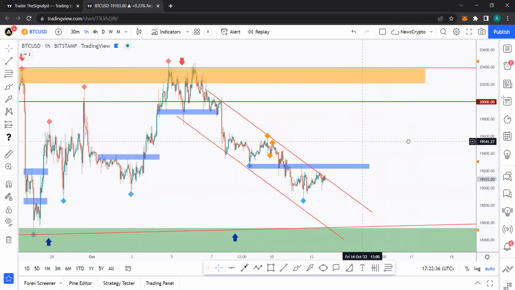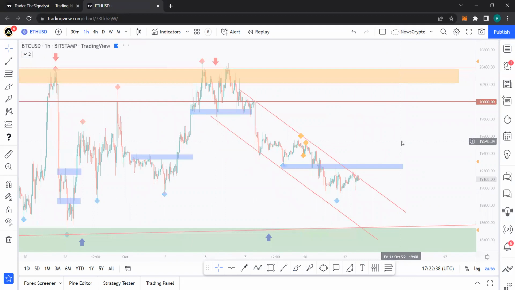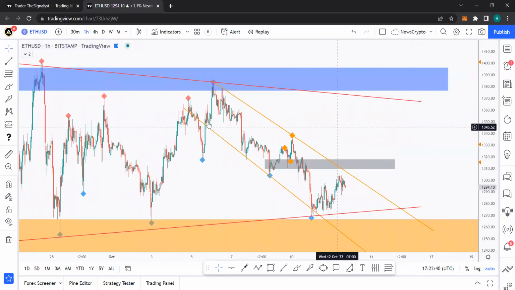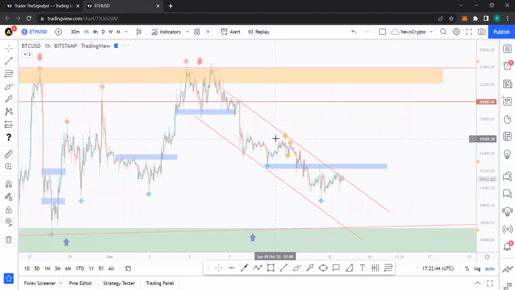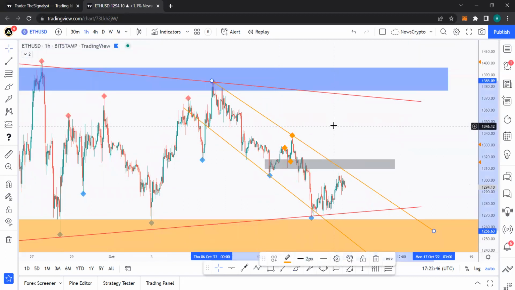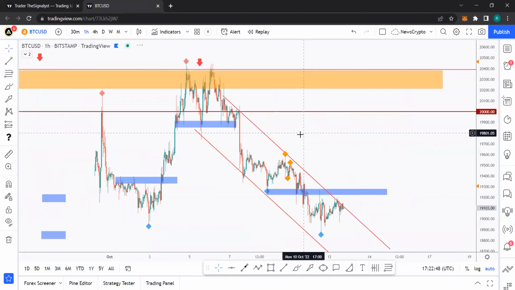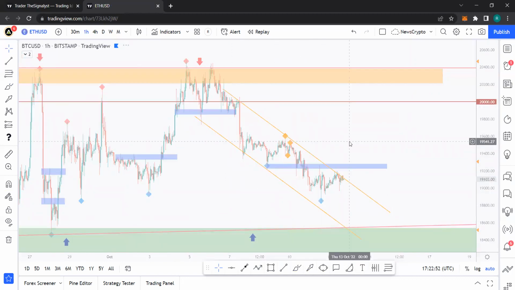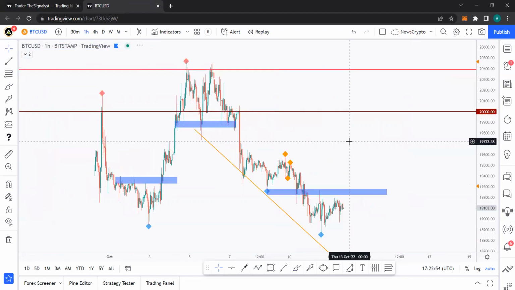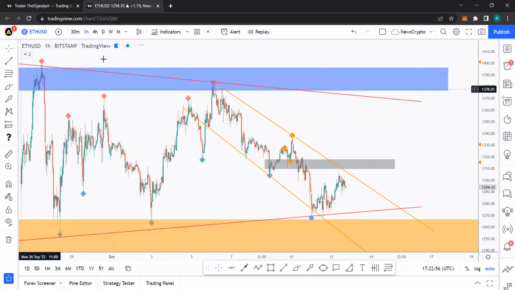Fantastic. Now, if you go to Ethereum, you can see a very similar logic, a very similar channel that we see here, the exact same one in red or in orange here. You know what? Since it's in orange there, let's make it orange. So that's the exact same channel here and here. Okay.